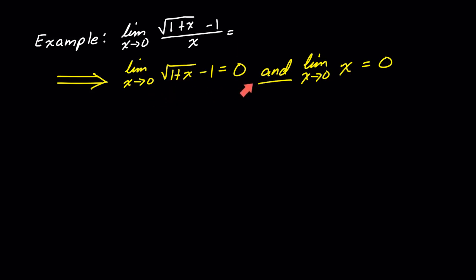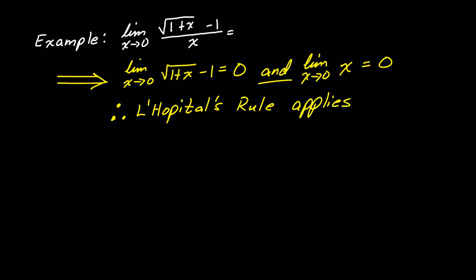It must be written out separately, where the limit of the numerator and the limit of the denominator equals 0. So because the two limits equal 0, we make a statement that L'Hopital's rule applies. And you must write this out on the AP exam so that they know what property or rule you are using.